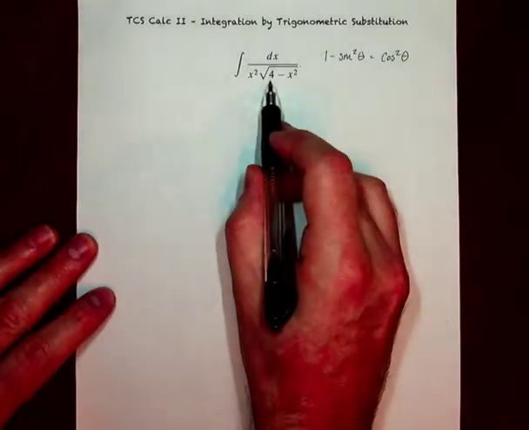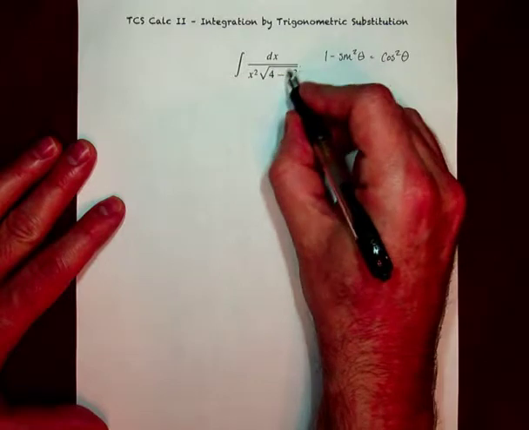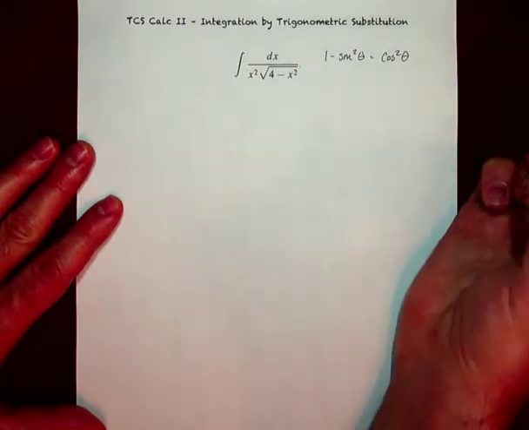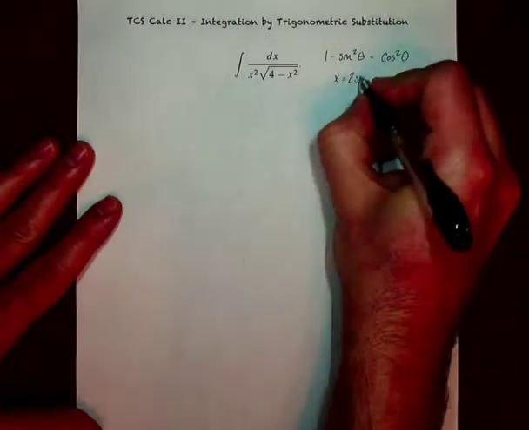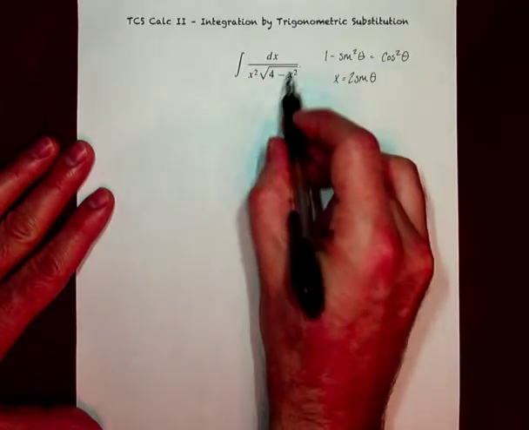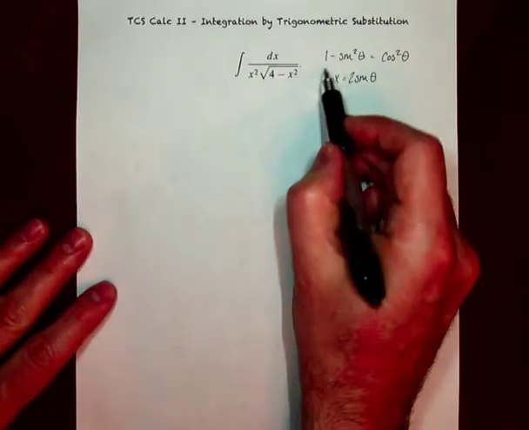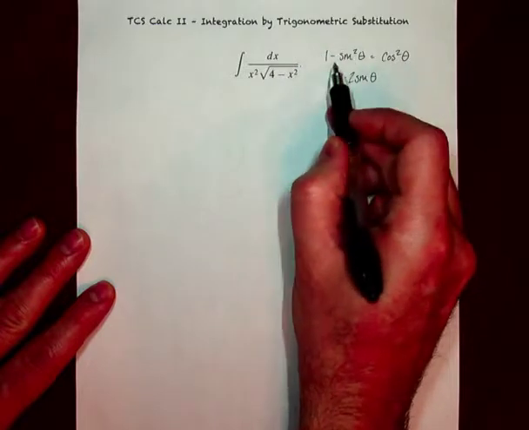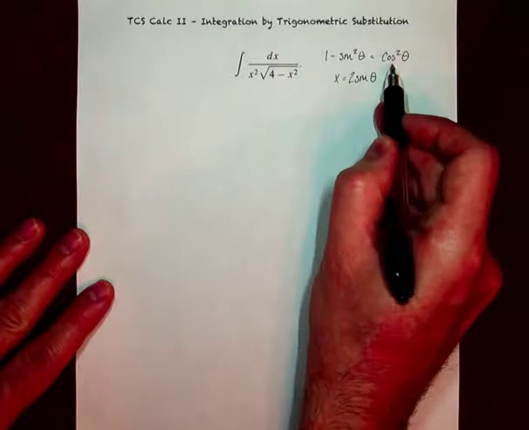Now, of course, we have to deal with the 4. So instead of this x squared, I need it to be 4 sine squared theta. So x is going to be 2 sine theta. If we substitute that in for the x right here, we can factor out the 4, and we'll be left with an expression which can be transformed using our Pythagorean identity into cosine squared.